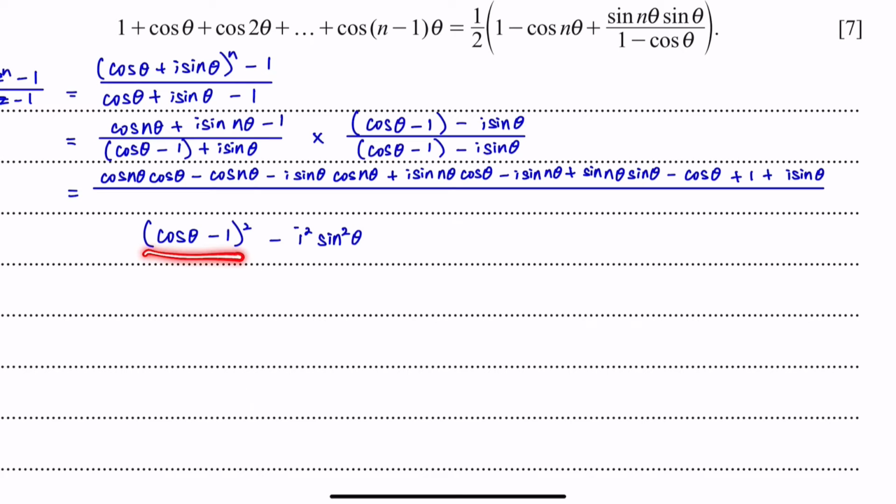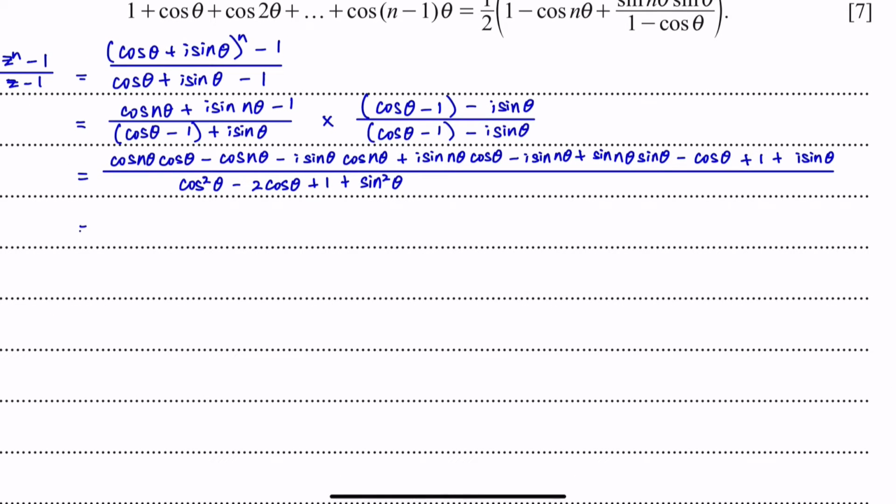So we expand this, we get cos squared theta minus 2 cos theta plus 1. i squared is basically minus 1, so we get plus sine squared theta. And we know that cos squared theta plus sine squared theta is equal to 1. So we can rewrite this thing.